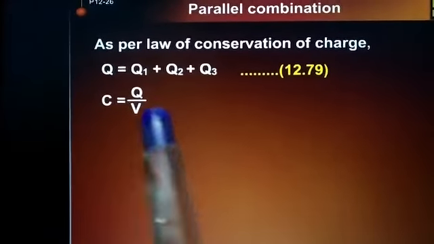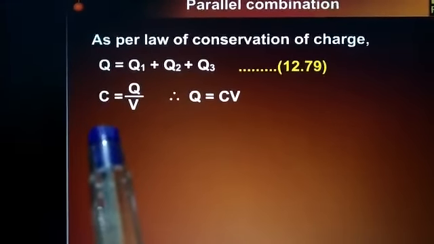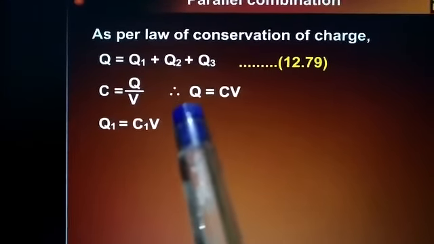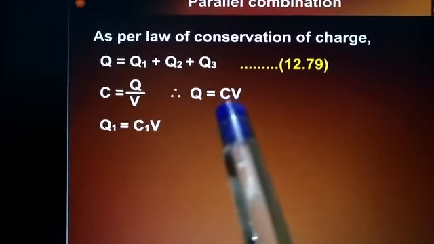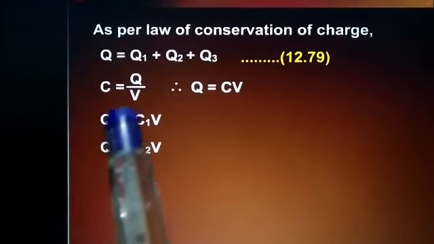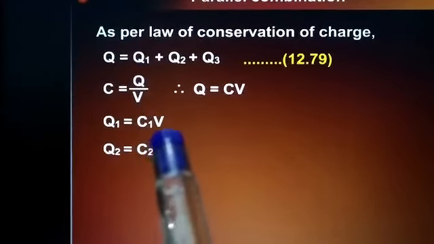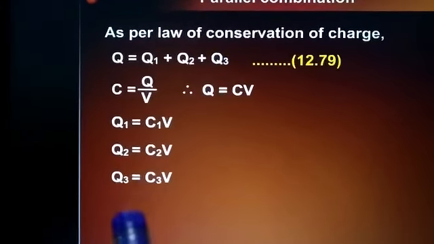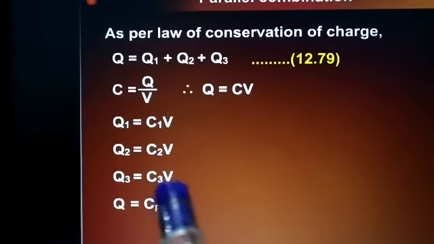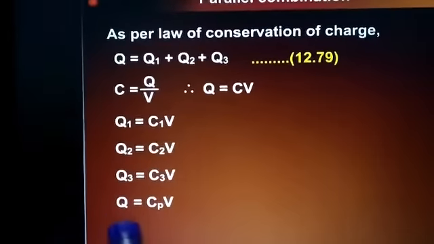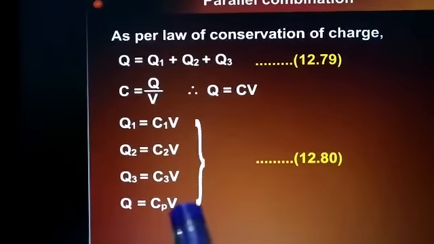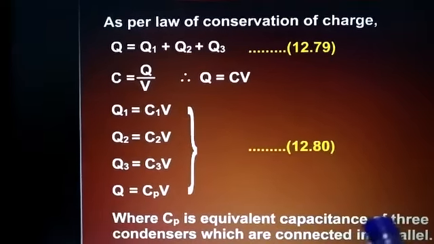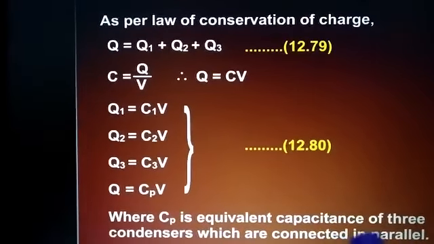So we know that the formula for capacitance of a capacitor is C is equal to Q upon V. From this equation, Q is equal to C into V. So Q1 is equal to C1V, Q2 is equal to C2V, and Q3 is equal to C3V. So Q is equal to CpV, where Cp is the equivalent capacitance of three condensers connected in parallel.